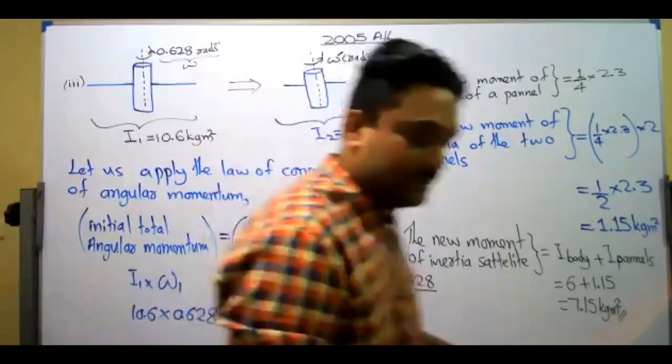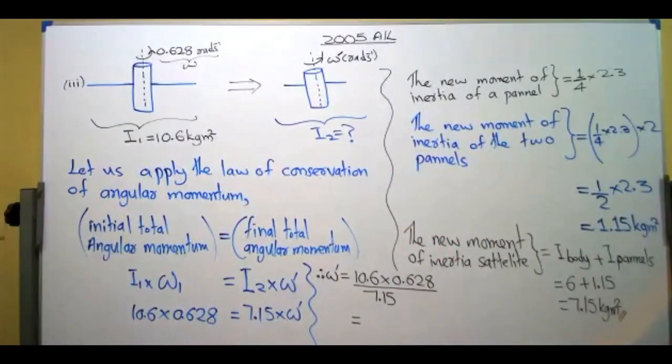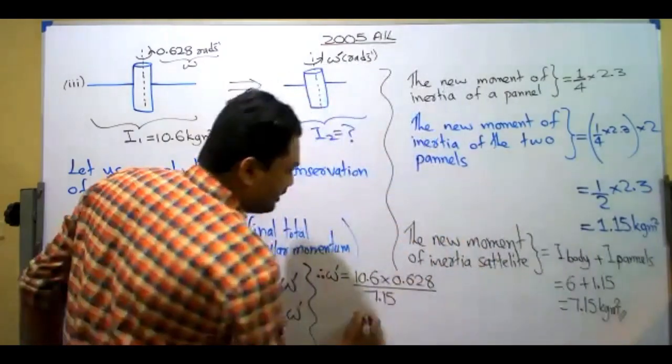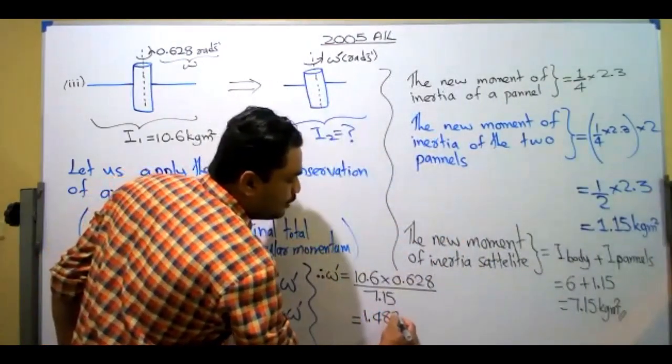I'll give you help. Let me divide 10.6 by 7.15. If I divide 10.6 by 7.15, the value is 1.482.